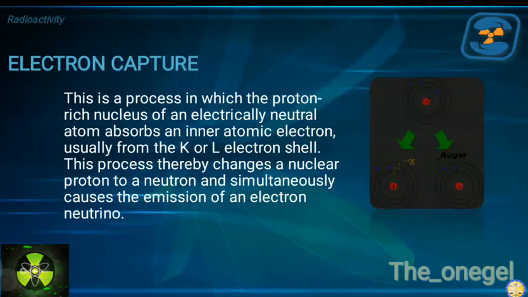Okay? Okay. Ay, salamat. Nasa pang-apat na tayong emission. We have electron capture. So, meaning nangkikidnap pa ito ng electron. This is a process in which the proton-rich nucleus of an electrically neutral atom absorbs the inner atomic electron, usually from the K or L electron shell.